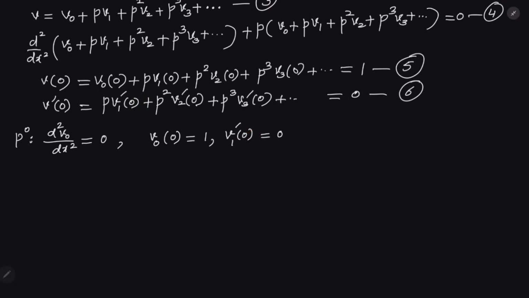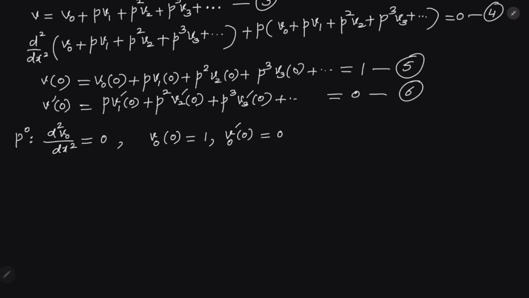Let me see if we have v of 0. Since there is no term of p raised to power 0, it should be v dash 0 is equal to 0.